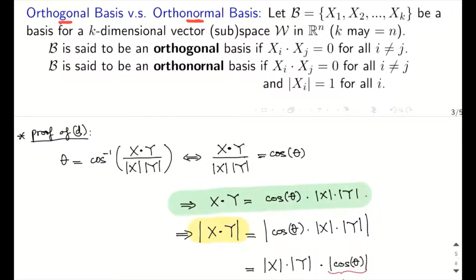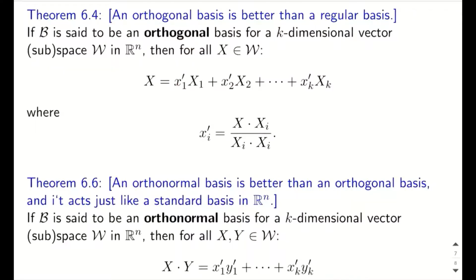If the length is not 1, then it's just orthogonal. If besides the perpendicularity, you have the length being 1, that's orthonormal. Orthogonal is better than a regular basis, and orthonormal is going to be better than orthogonal.